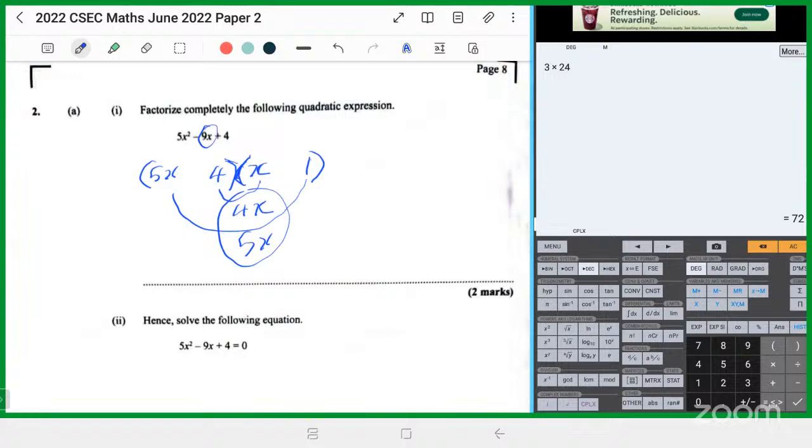So you have to first place the values where they're supposed to be. Now, when this end value is positive, it means the two signs in the bracket are the same, and this tells you they are both negative. So the two signs in the bracket are negative, and those are the factors.